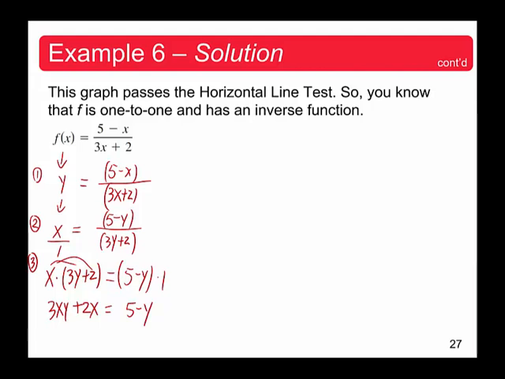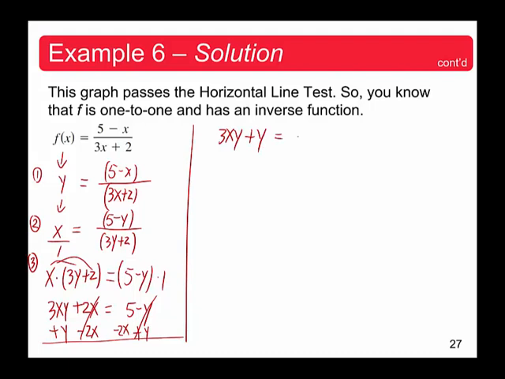Now in order to solve for y, we need to add y to both sides of the equation and subtract 2x from both sides of the equation. So y gets cancelled on the right, 2x gets cancelled on the left. So you get 3xy adding y, that's equal to negative 2x adding 5.